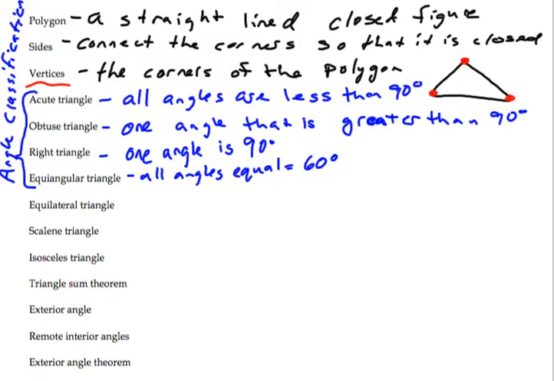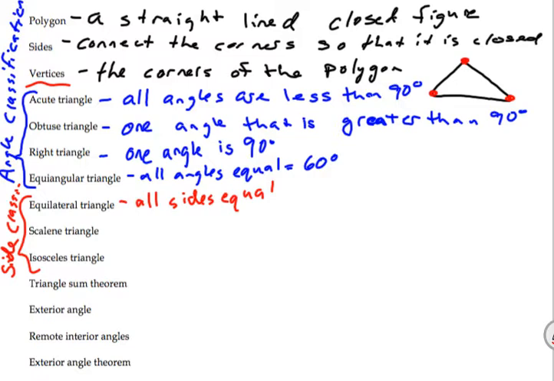Now the next three would be our side classifications. So equilateral triangle: all sides equal. Now don't get confused when they give you all sides equal. Just pick two sides and set them equal to each other.